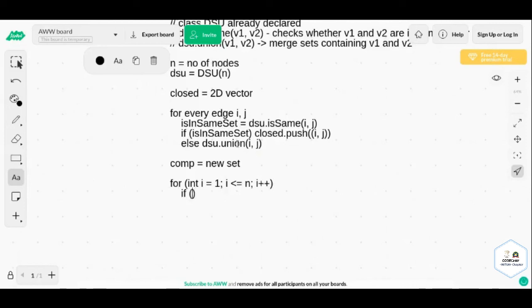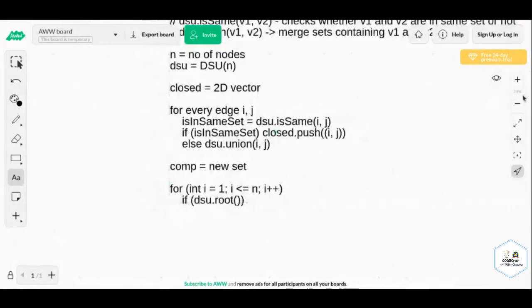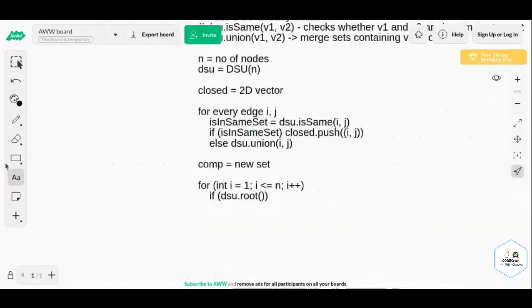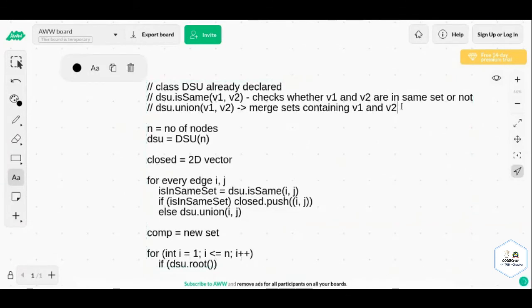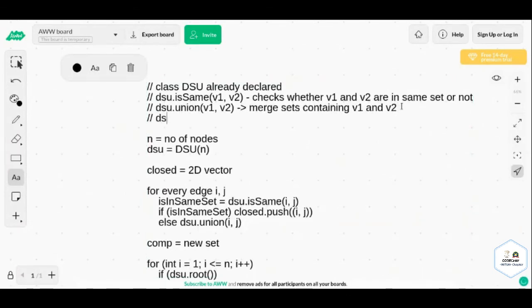Our third method is DSU dot root of some vertex v.